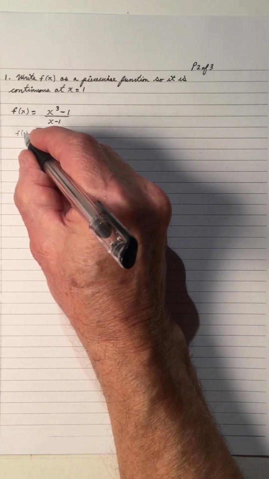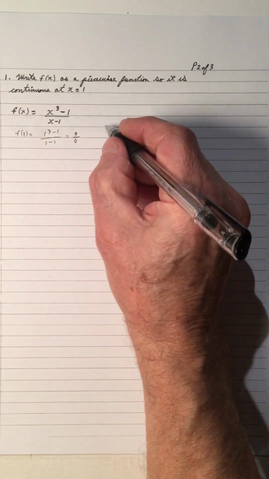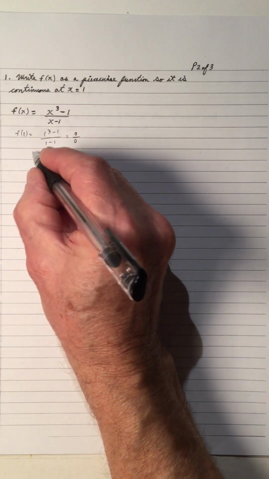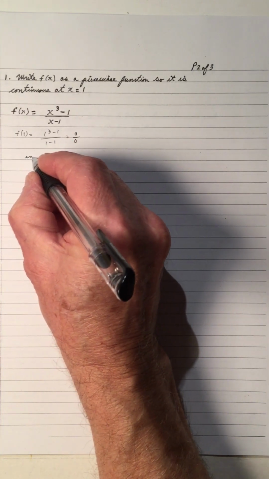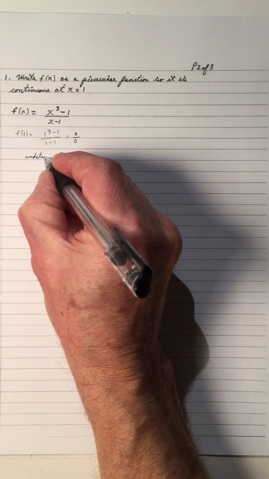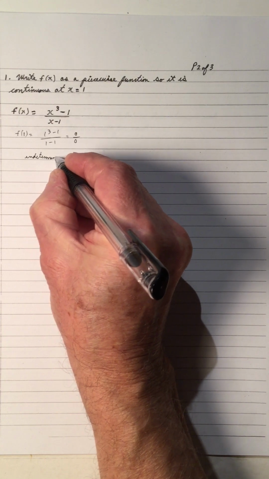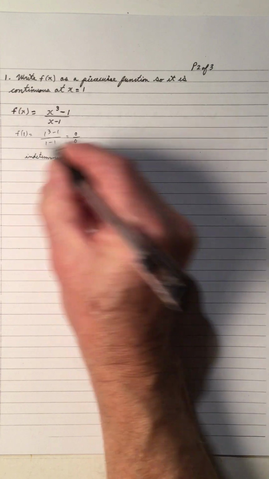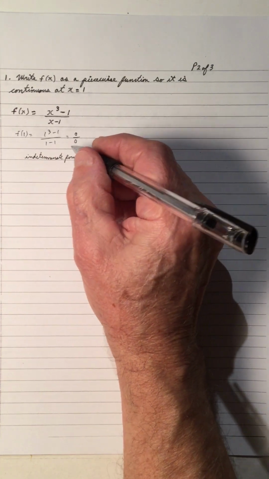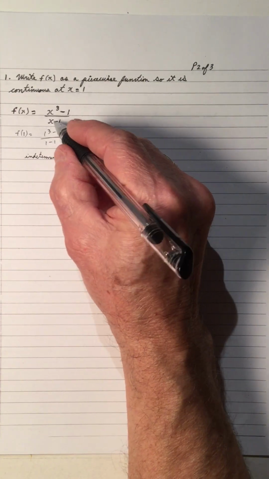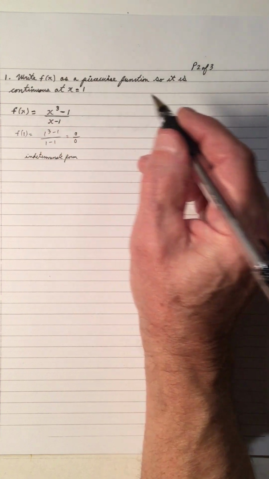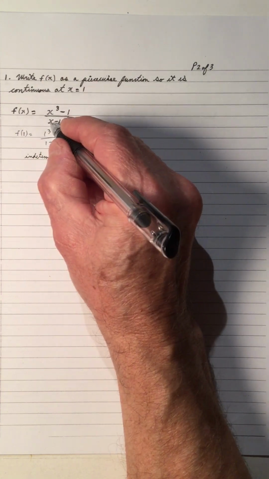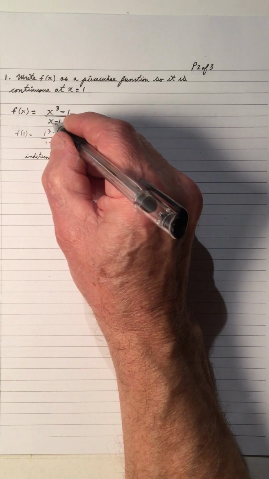So at 1 we have an indeterminate form, 0 over 0. If you put 1 in, you get 0 on the bottom, we can't have that.